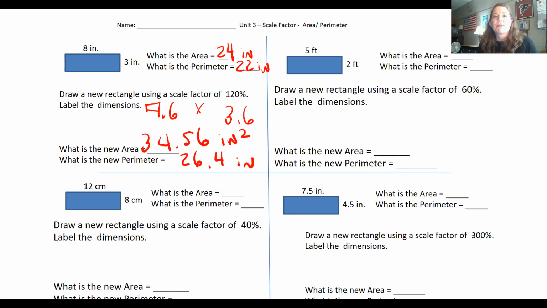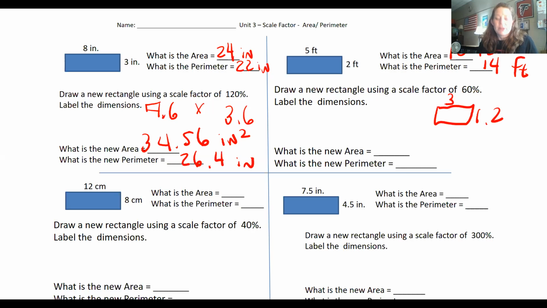All right, what about this one? Is our picture going to be bigger or smaller? Well, it should be smaller because 5 times 0.6 is 3. So it's smaller. This is going to be 3. 2 times 0.6 is 1.2. Our original area was 10 feet squared, and our original perimeter was 14 feet.